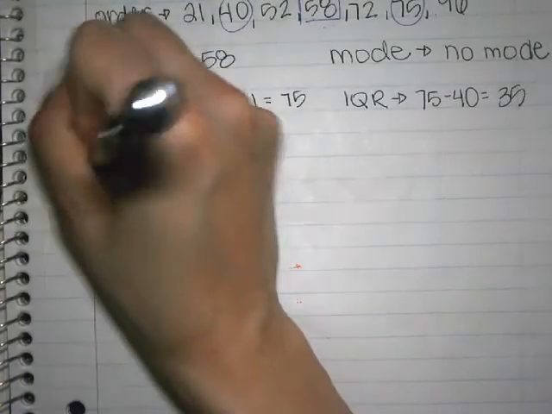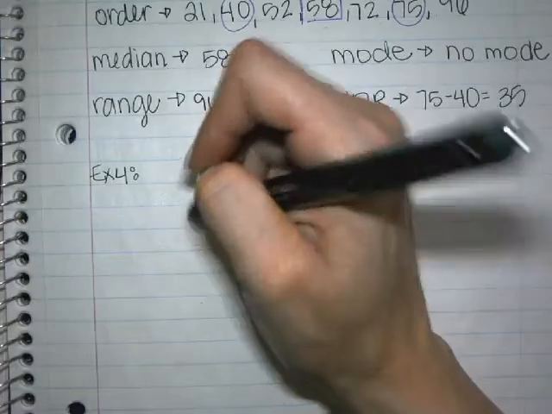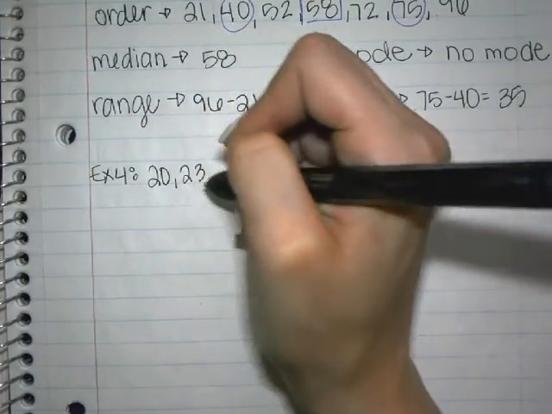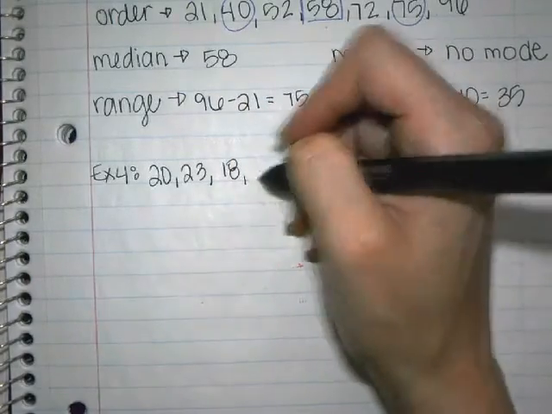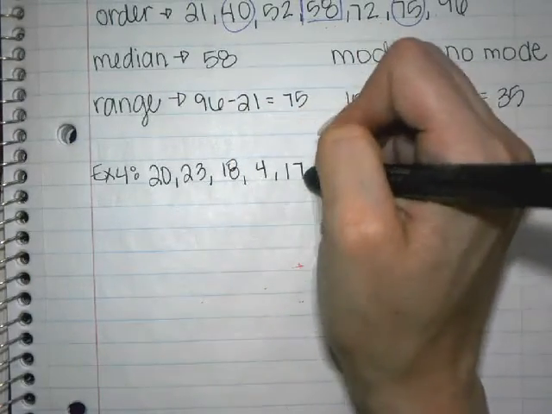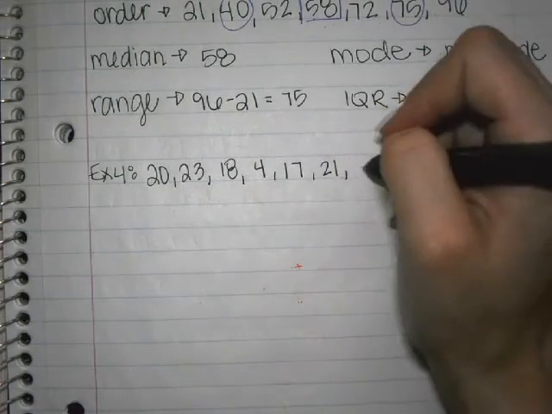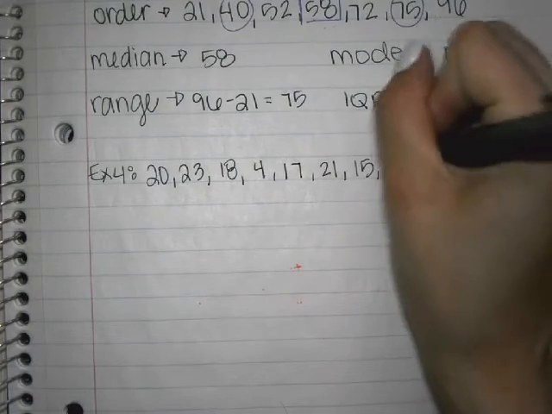Example 4. 20, 23, 18, 4, 17, 21, 15, 56.